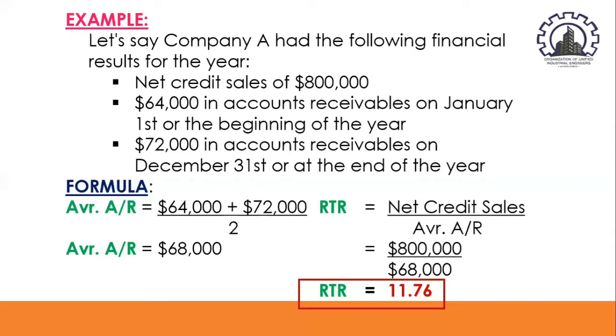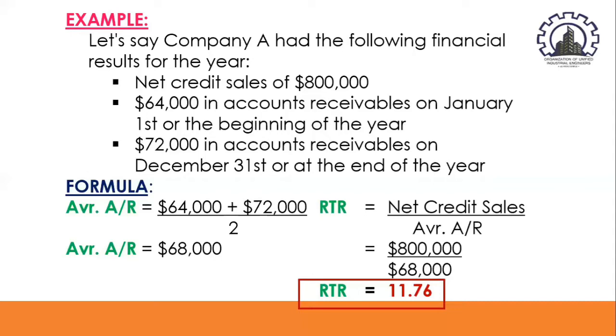Simply, we add our beginning accounts receivable of $64,000 and our ending accounts receivable of $72,000, so the mean would be $68,000.